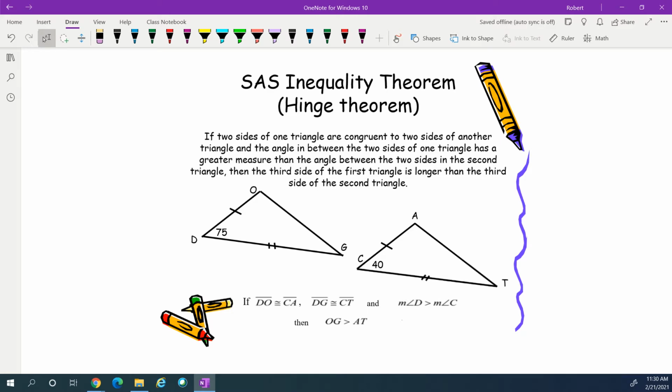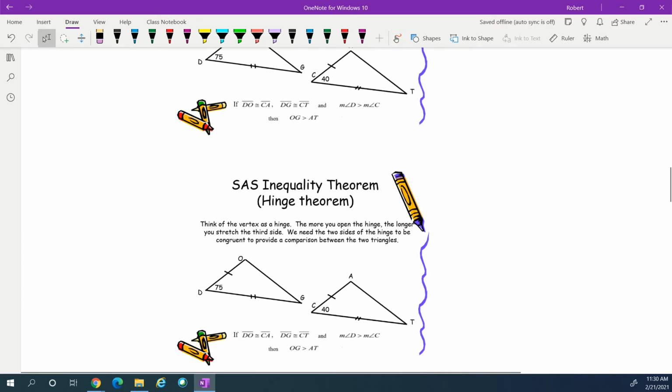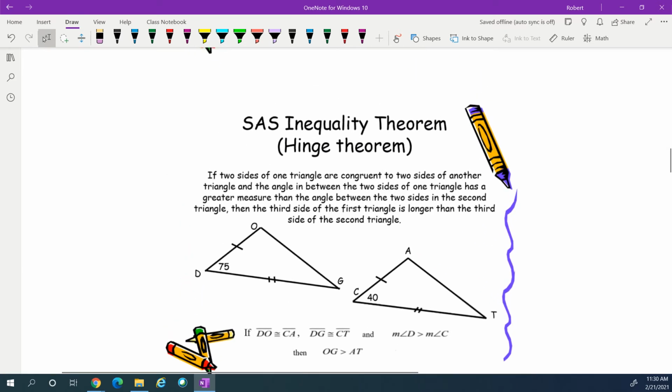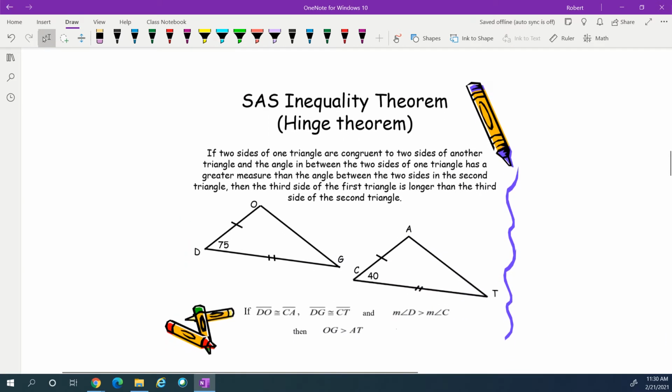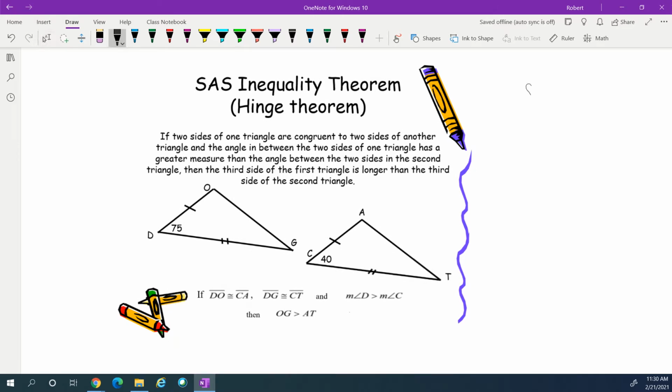Remember, we've seen SAS before. Side, angle, side. And we used that to determine if triangles were congruent.